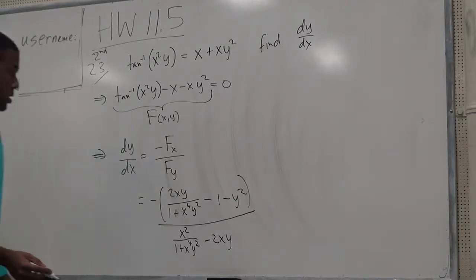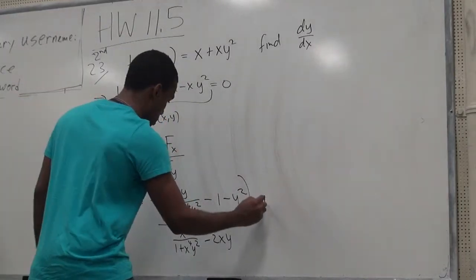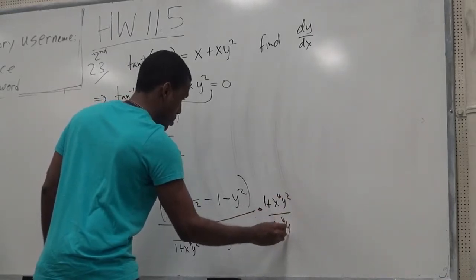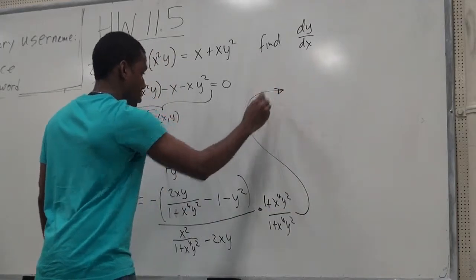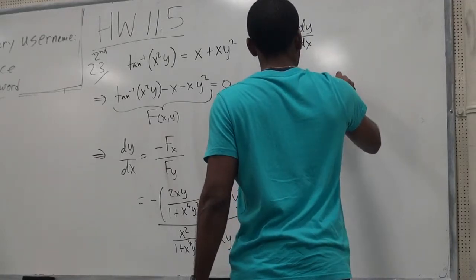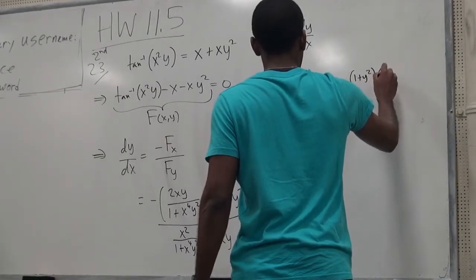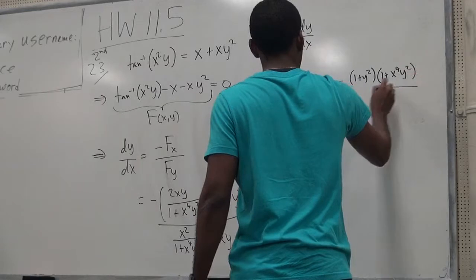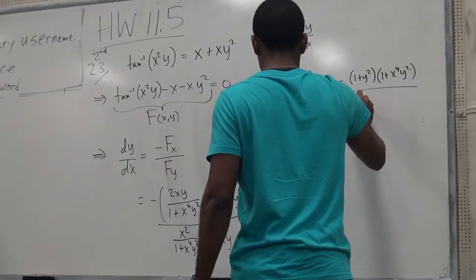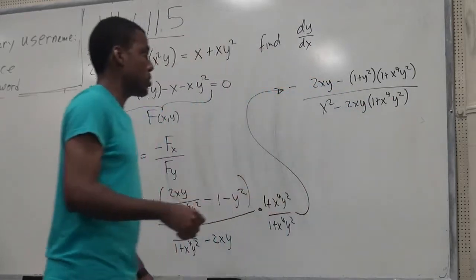It's a complex fraction, so we can multiply top and bottom by the denominator, 1 plus x to the 4th y squared. And so that would look more like minus, like that.